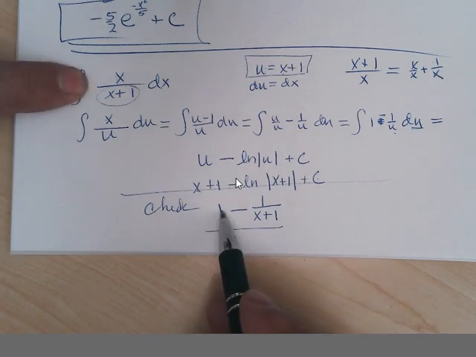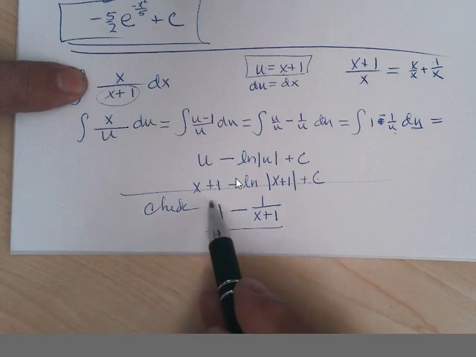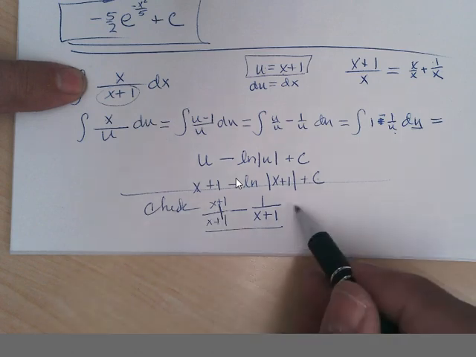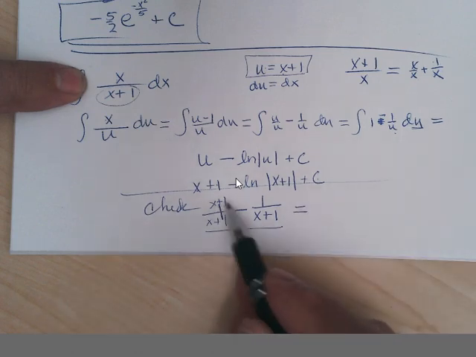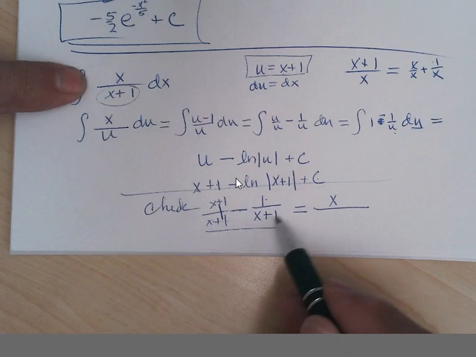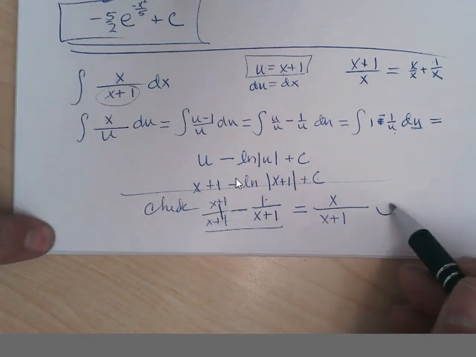What if we get a common denominator? See, this has got x plus 1. We better make this x plus 1 over x plus 1. That's 1. So we get x plus 1 minus 1 over x plus 1. That's just x over x plus 1. We got it.